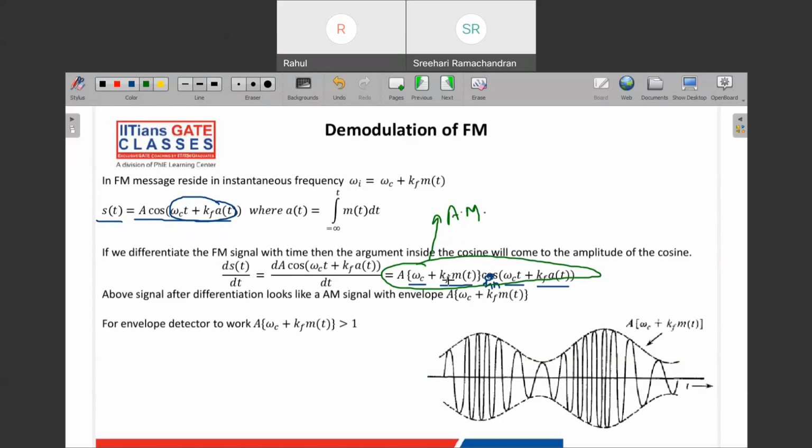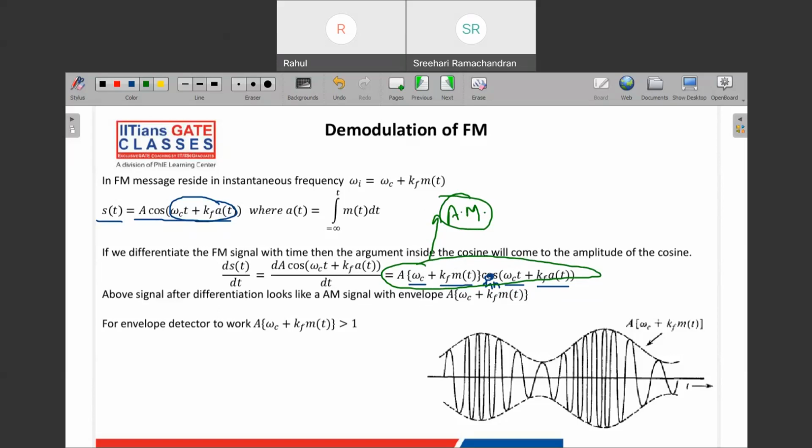Since after the differentiation it is an AM signal, we can demodulate this differentiated signal just the way we did for the AM signal, by passing it through the envelope detector. So just take this signal and pass it through the envelope detector, and we'll be able to recover the message.